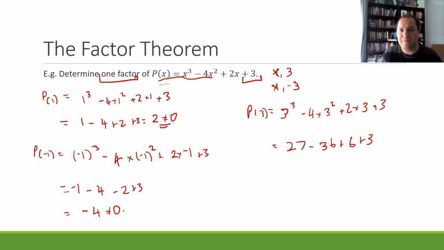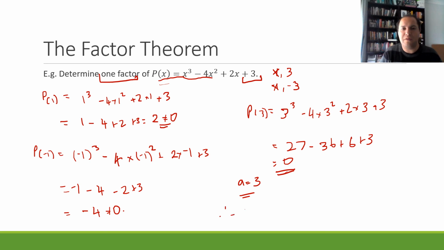Putting that together, 27 minus 36 is negative 9, plus 6 is negative 3, negative 3 plus 3 is 0. There we go. We've got a value that gives our polynomial a value of 0. So that means a must be 3.